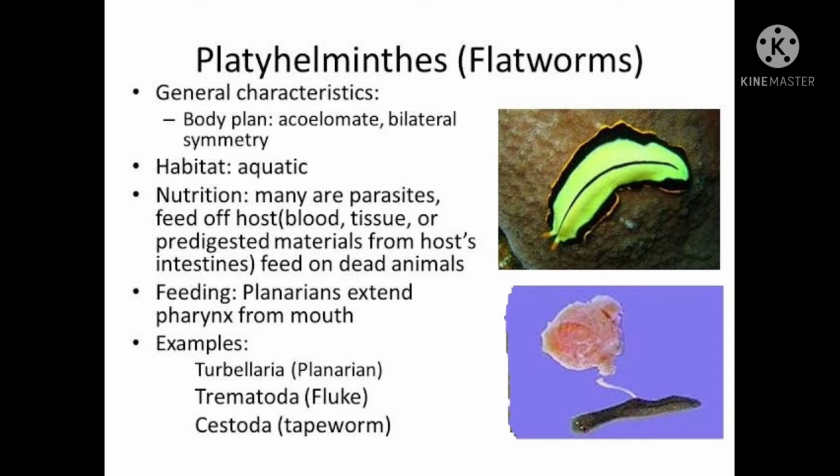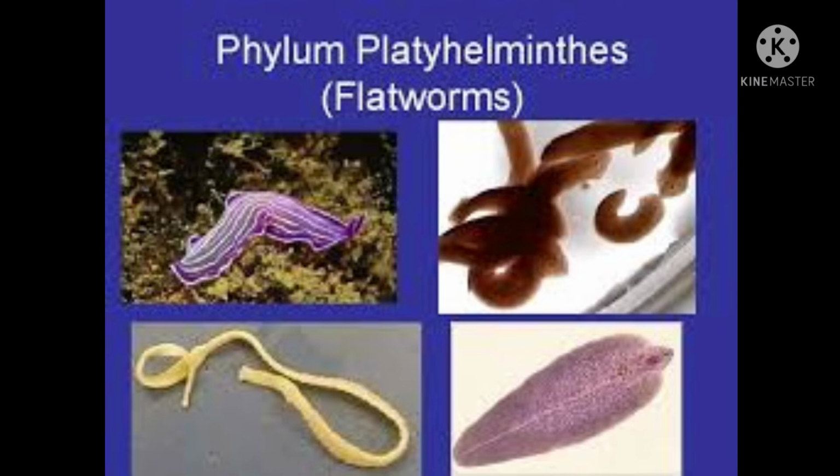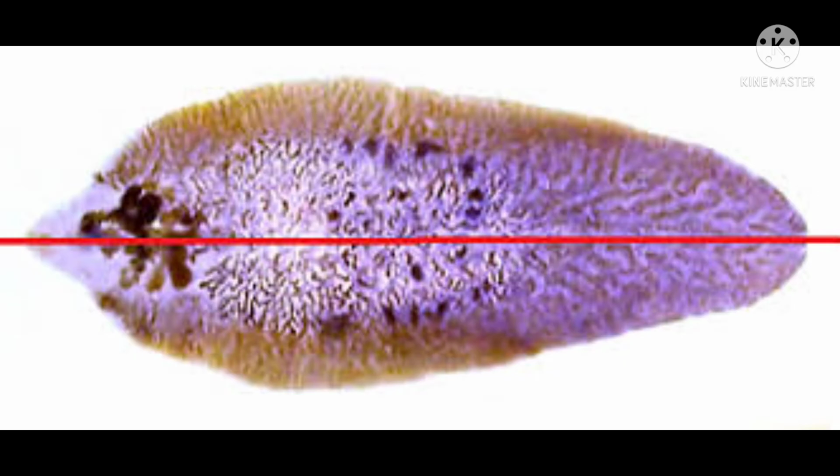Next phylum, Platyhelminthes. As the name itself says, flat worms. Platy means flat, helminthes means worms. Hence, this group of animals is commonly known as flatworms. The body of animals in this group is far more complex in design than in the two other groups. The body is bilaterally symmetrical, meaning it can be divided into equal halves having the same design.